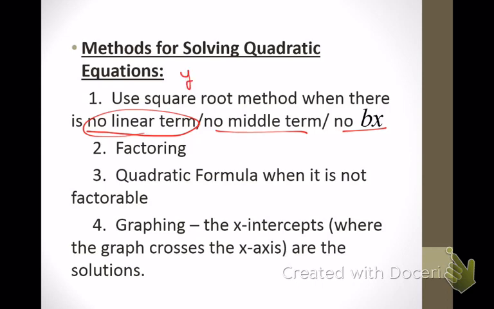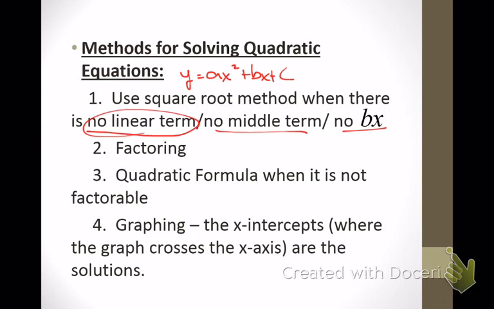Remember that the standard form of a quadratic equation is y equals ax squared plus bx plus c. The middle term or the linear term, anytime you hear the word linear, that's to the first power, right? We go back to our different functions and our different names for those functions.